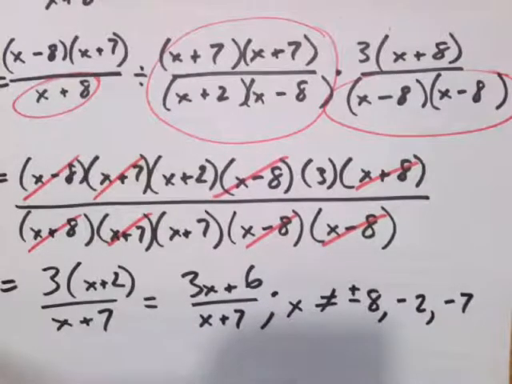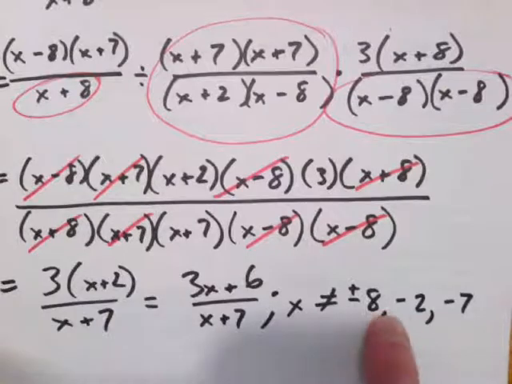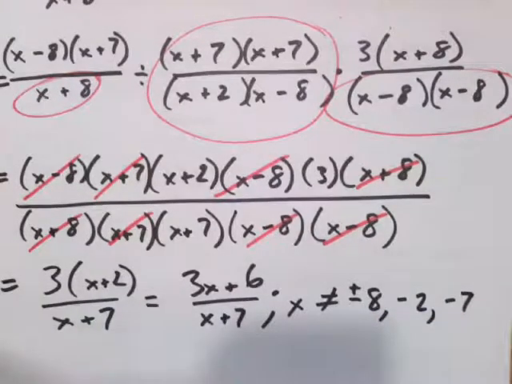Is that right? Negative 8, negative 2, positive 8, negative 7. Yeah. Check my answers just to make sure I'm not misleading you. 12b: 3 times x plus 2 over x plus 7. Yeah. Plus and minus 8, negative 7. You got it. That's 12b.